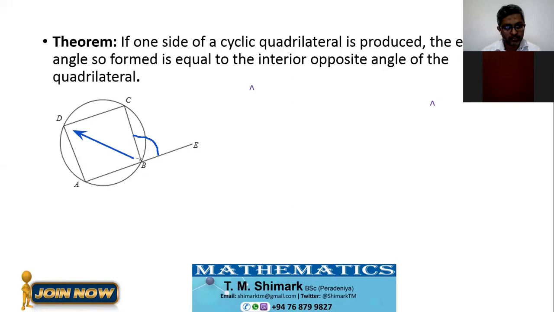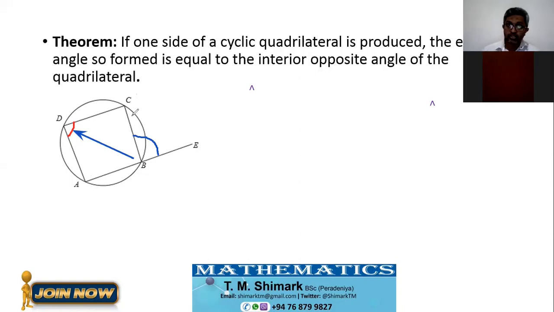So we just concentrate on the opposite angle. That means this guy is equal to this one: CBE equals ADC. That's what the theorem says.